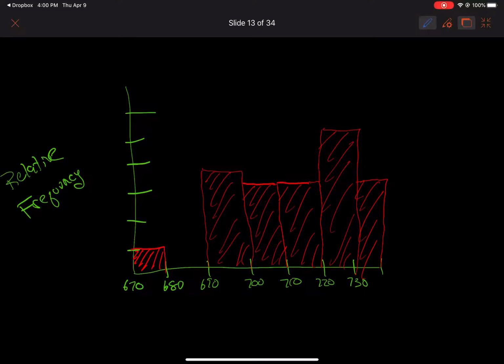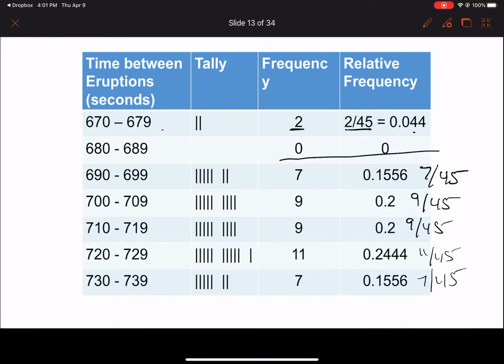So then I would have 0.05, 0.10, 0.15, 0.2, 0.25.